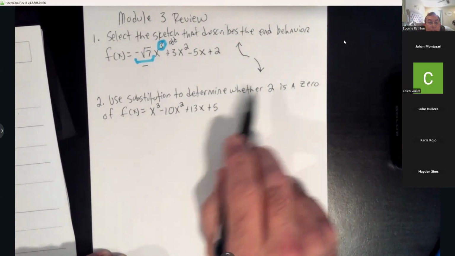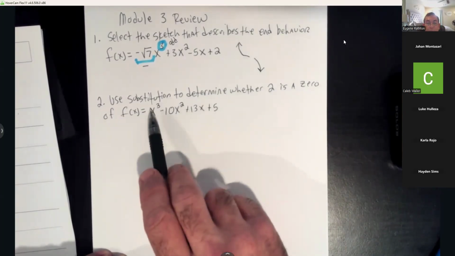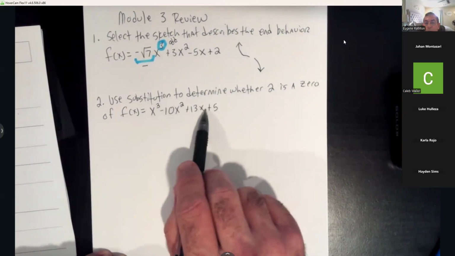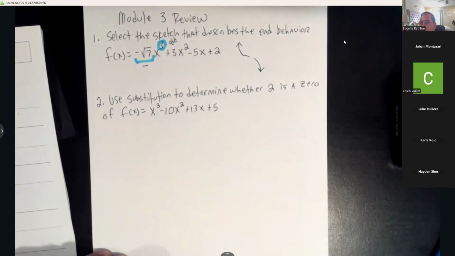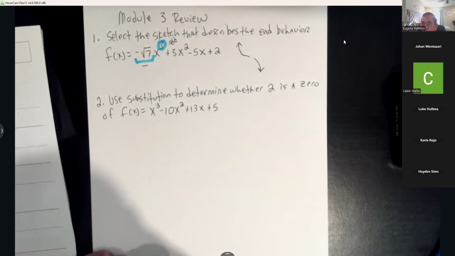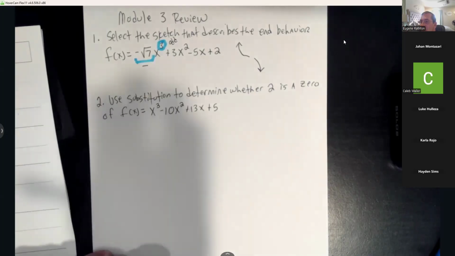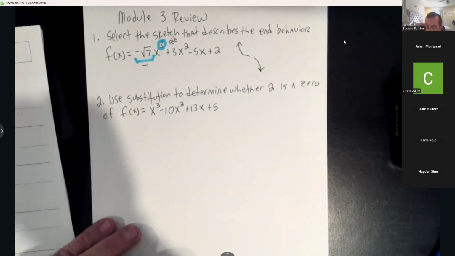So if 2 is a 0 of this polynomial, then when I plug in 2, I got to get an answer of 0. So if I get 0 for the answer, I'll put yes. Any other number, we're going to put no.